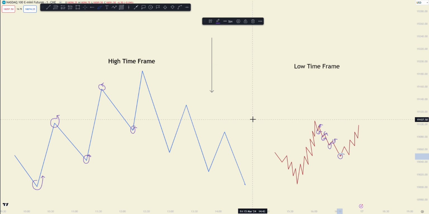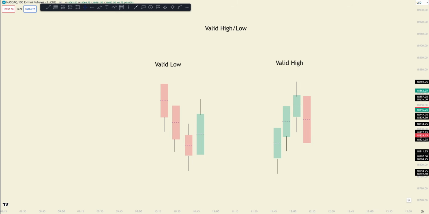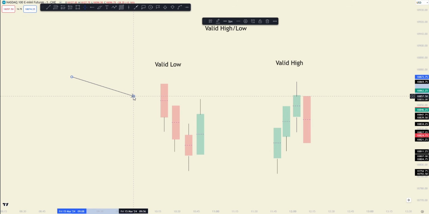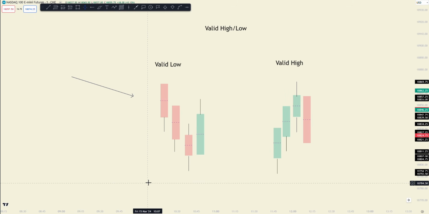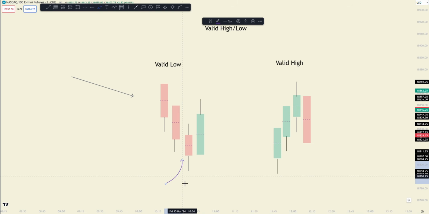So what we need to do is establish valid highs and valid lows. So how do we do that, right? For a valid low to be established, it's very, very simple. We just need to close above the bearish candle that put in our low. If we're looking right here at this valid low structure that I put in, the candle that put in the low is this candle right here.